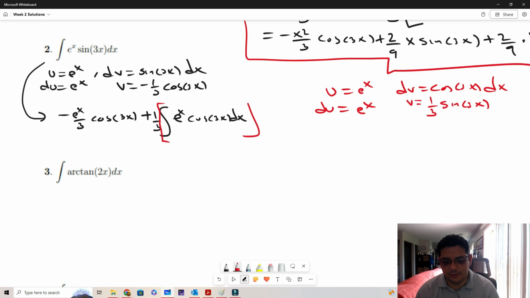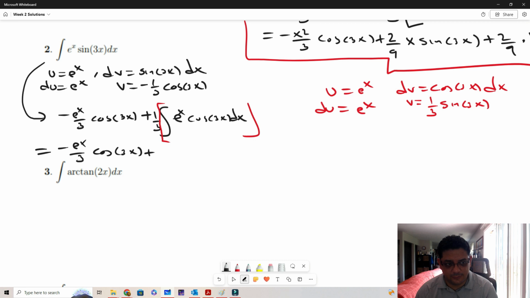And then the product of that is going to be e to the x cosine of 3x, and I'm going to have this 1 over 3 multiplying here. But let's see what this will give me.